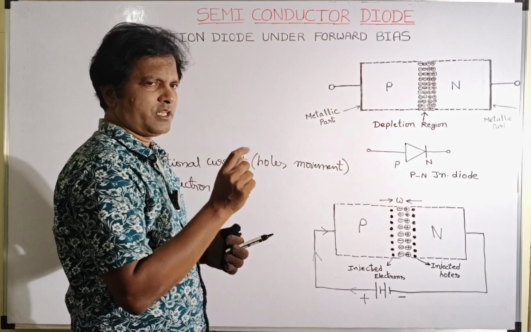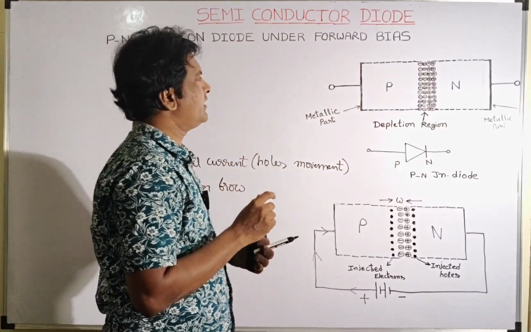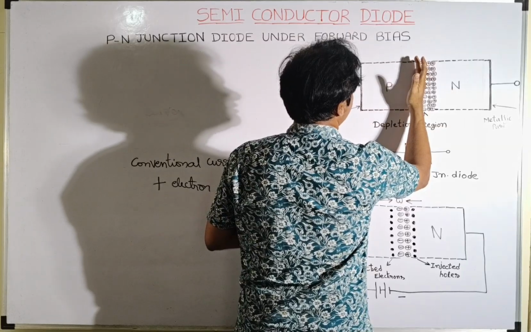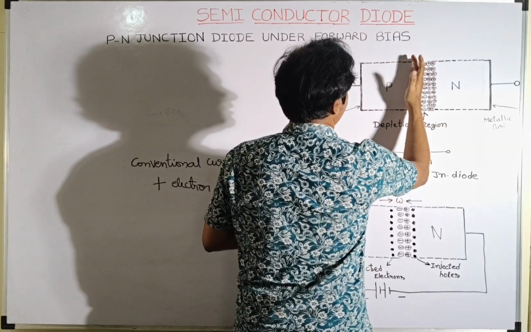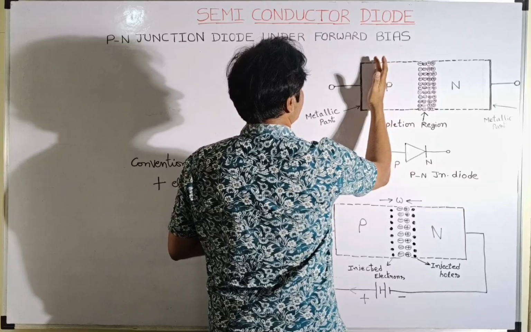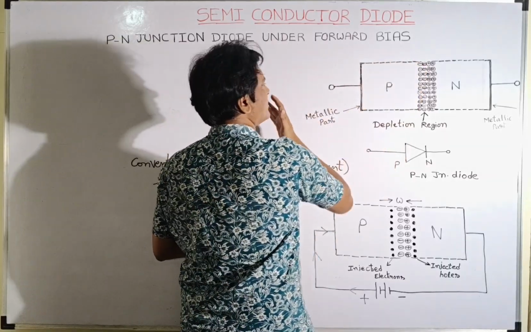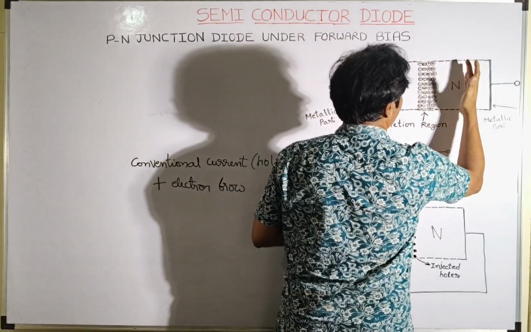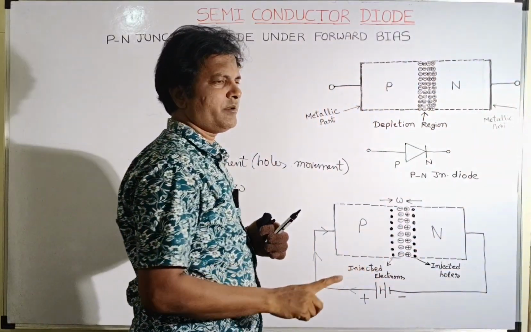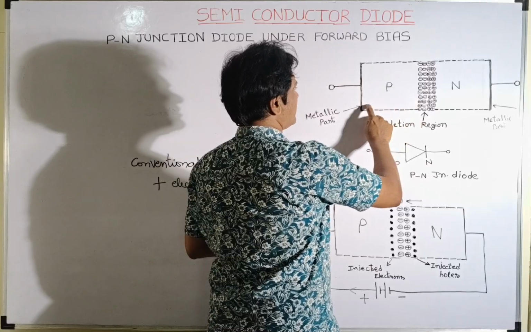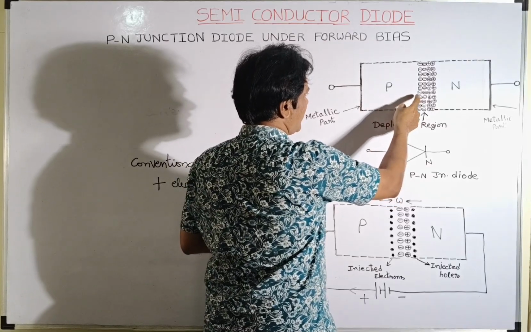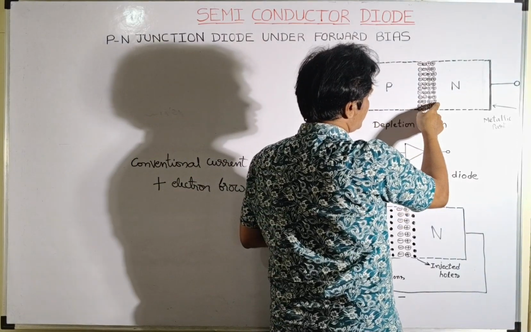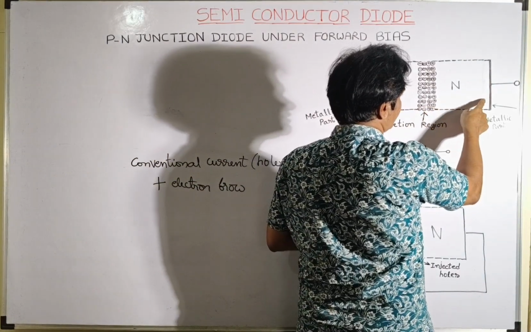So how is the current actually calculated? See, the gradient: the negative concentration is more here and becomes low as you move away. The hole concentration is more at the junction and becomes very low going away from the junction. So because of the concentration difference, the gradient, the negative charge will flow away from the junction and the positive charge will also flow away from the junction.